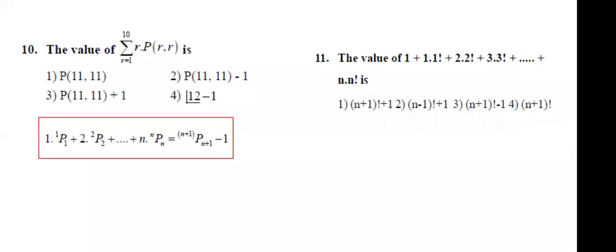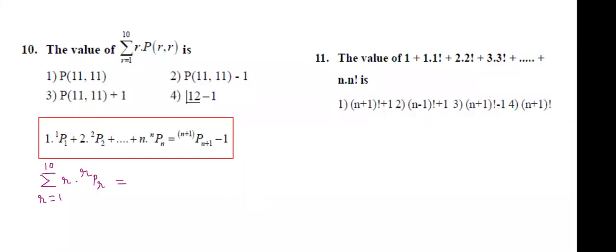This is the formula. But what they have given, sigma r equal to 1 to 10, r into P(r, r), that means r into rPr only.